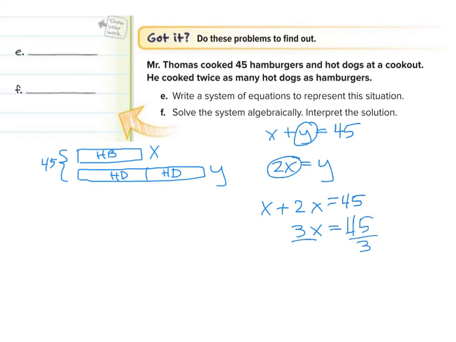Divide by 3 on both sides of the equation to get x by itself. 45 divided by 3 is 15. So I know that the number of burgers is 15. So it'll be 15 here. And then now I need to solve for y. So you can substitute in a 15 for x here. So 2 times 15 is 30. So y must equal 30. Okay, so you wrote and solved a system of equations there.